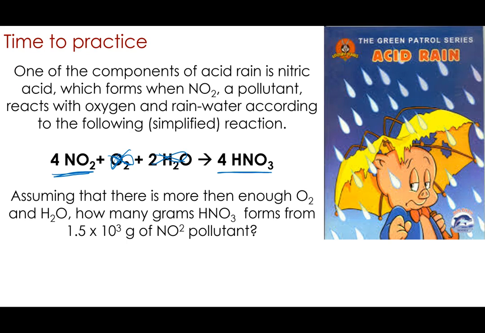Okay. So first thing I'm going to do, and I'm going to work through this problem a little bit faster because hopefully you guys have done it already and you're just kind of following along. So the first thing I'm going to do is put together the map that applies to our problem. So we're starting with grams of NO2, and the first step is going to be moles of NO2, and that's going to be a molar mass conversion.